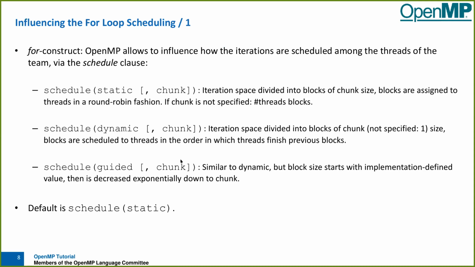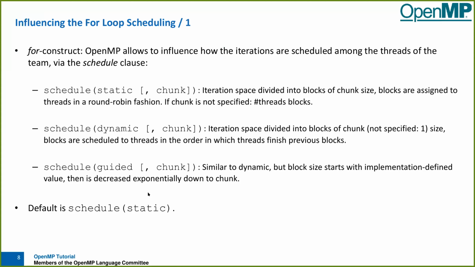And then for very special cases, but to be honest, I've seen very few in practice where this was better than dynamic, we have guided. So again, the loop iteration space is divided into blocks of a certain size, but the size is something you don't know. It's implementation defined. Sometimes your implementation tells you, sometimes they don't. And then these chunks are assigned to the threads. And over the course of the iteration computation, the chunks are getting smaller and smaller.